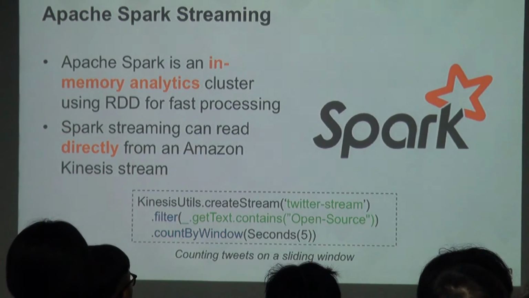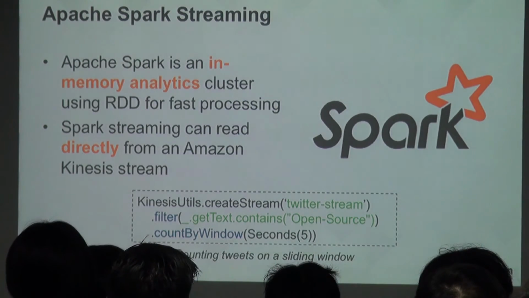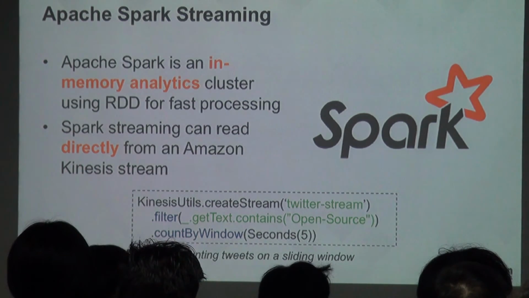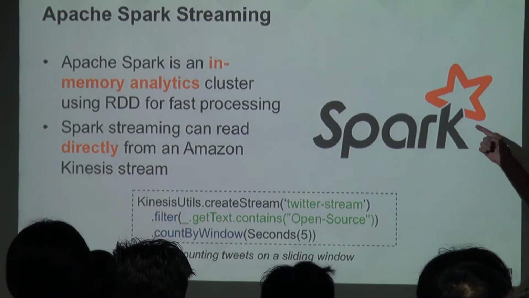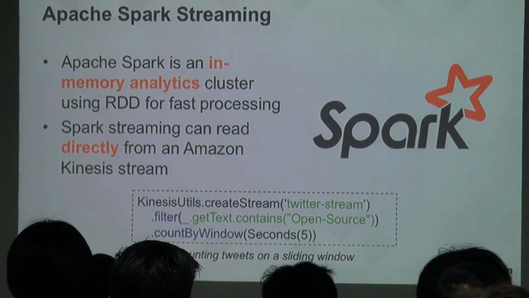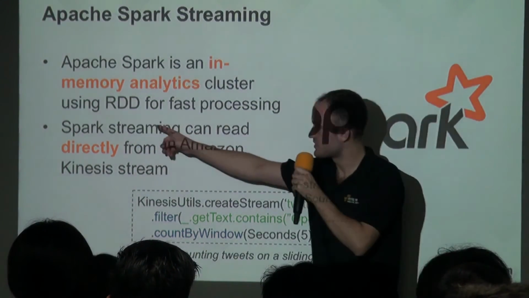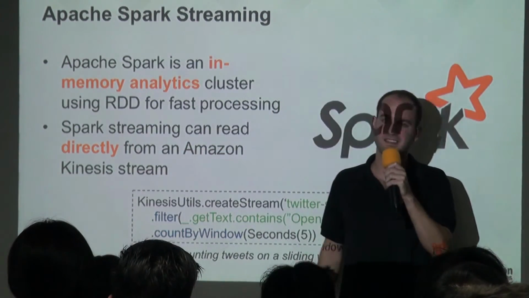So one team from UC Berkeley wrote a paper around how you could build something just like Hadoop, but do it in memory. And the result of that was then Spark, which is basically an in-memory analytics cluster. How does it do that? It leverages something called RDD, which stands for Resilient Distributed Datasets.